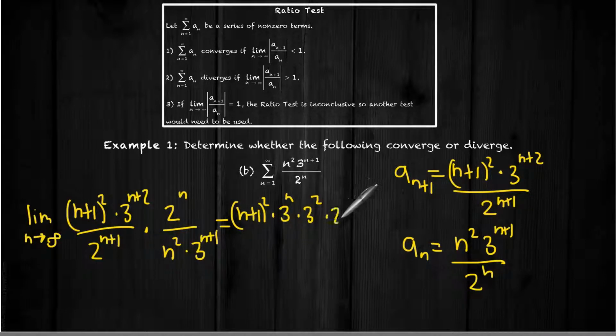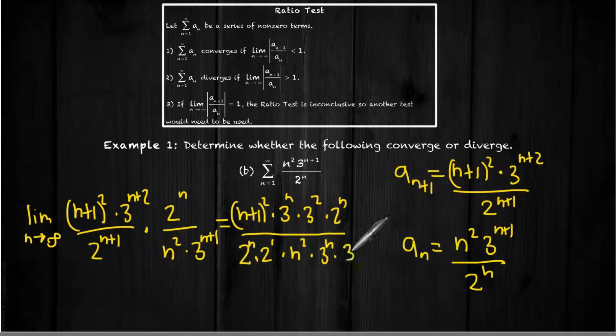So can't forget about that. And then on the bottom, we need to break this 2 to the n plus 1 up. So that's going to be 2 to the n times 2 to the first times n squared times 3 to the n times 3 to the first.